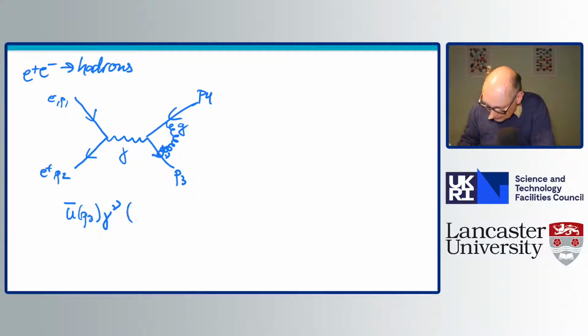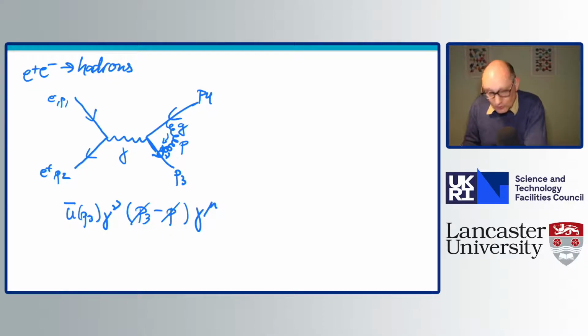We would have the fermion propagator along here, which will be p3, obviously. Let's say that the loop momentum that goes around here is p, then there will be a p3 minus p slash, if p is in that direction there. So there will be a p3 minus p, there's a gamma mu.